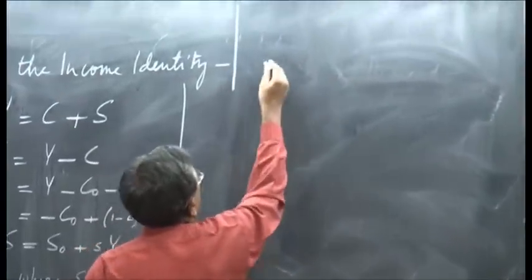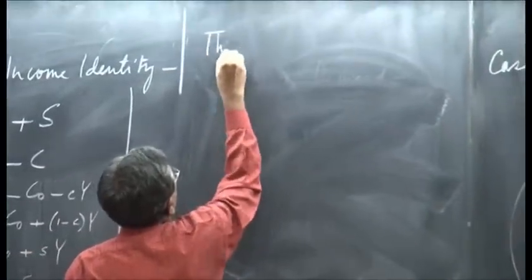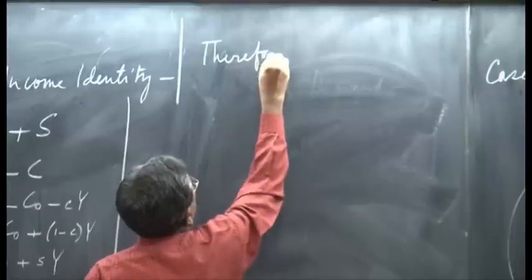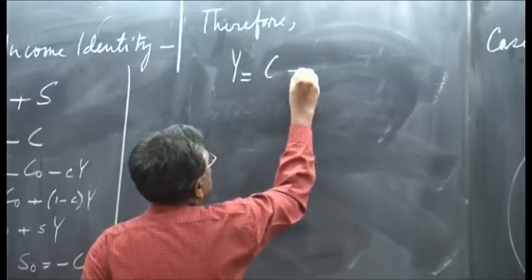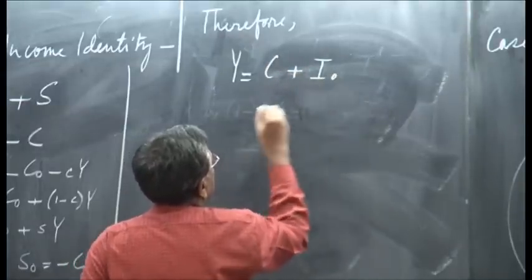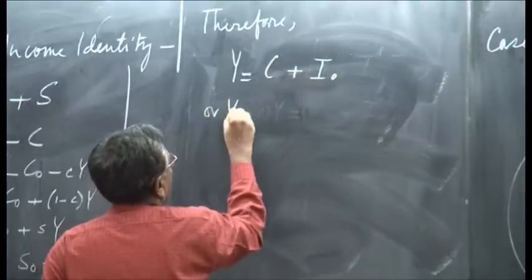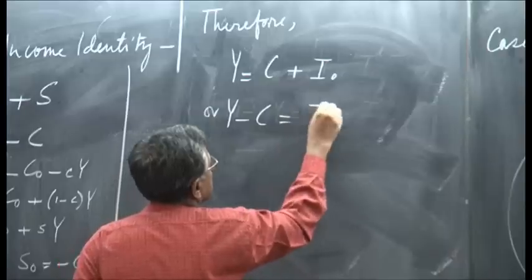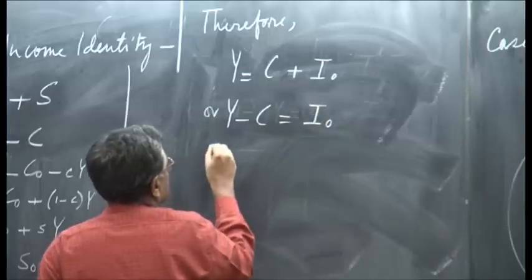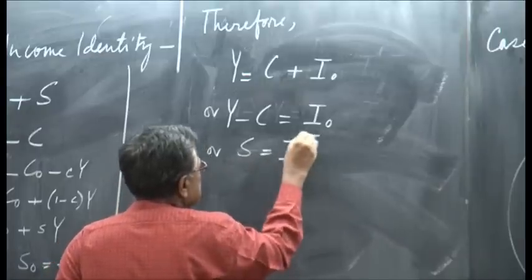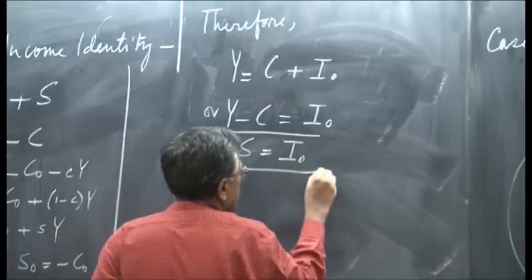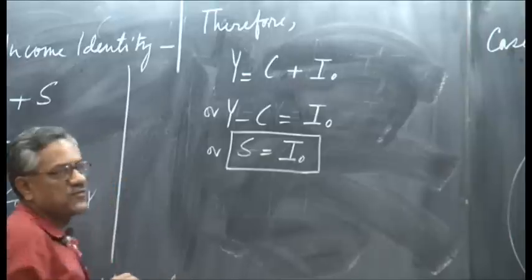What will it become? Therefore, y is equal to c plus I naught, or y minus c is equal to I naught, or s is equal to I naught. Now this part, s is equal to I naught, is a very familiar thing.